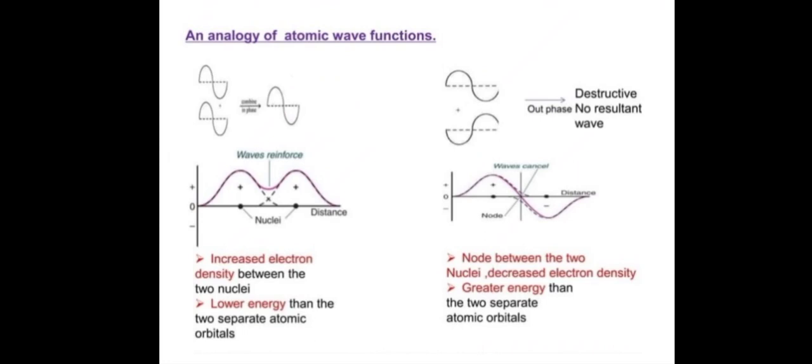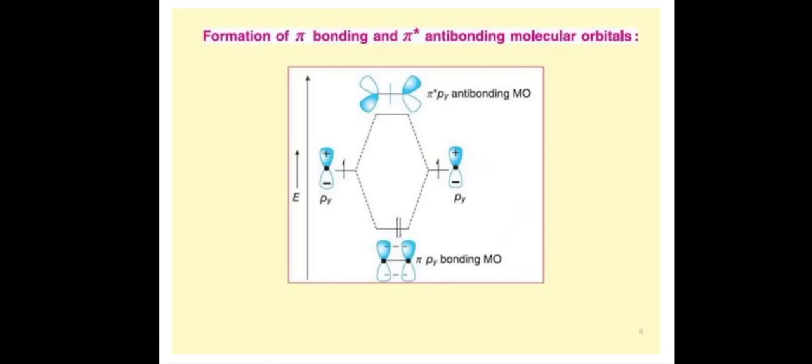That's why the bonding molecular orbital is placed below the combined atomic orbitals' energy level. So they go to a lower energy state, as shown in the diagram. You see, py is an atomic orbital, while the py bonding molecular orbital is lower in energy compared to the atomic orbitals that are combined.